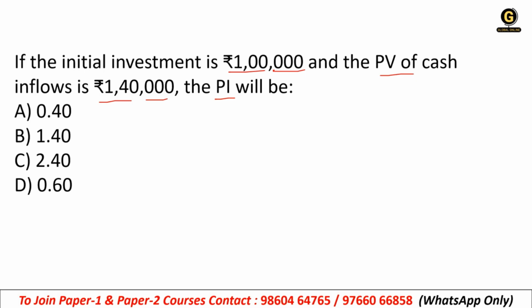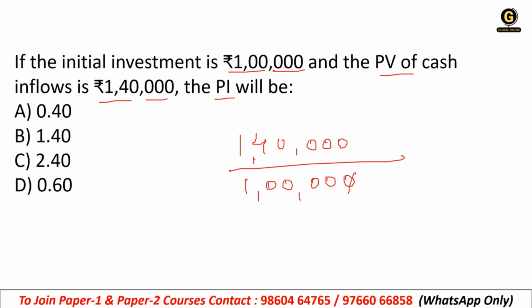That is why we have invested. So 1 lakh and 1,40,000, inflows divided by outflows, right? What will be the answer? Here also 1.40. The answer should be 1.40.